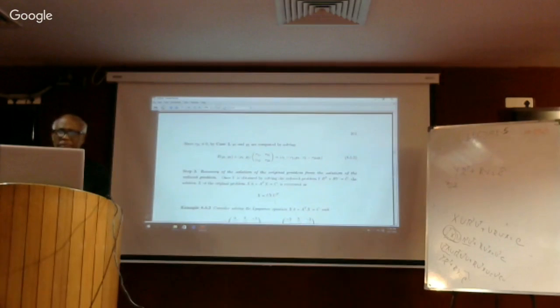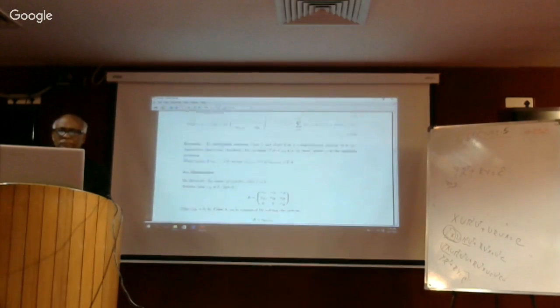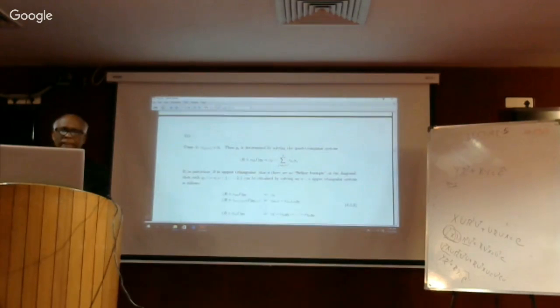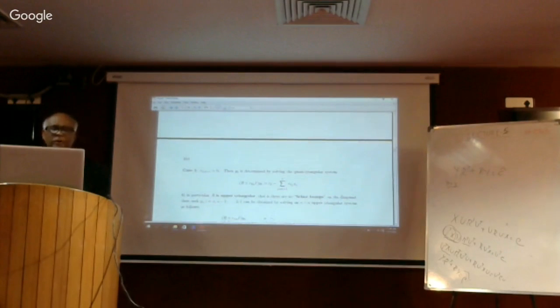So let's look at the general case now. Here is the case where, as I said, one of the subdiagonal elements Rk,k-1 equals 0. In that case, the corresponding block is a number. It's not a 2 by 2 matrix; it's a number, right? So in that case, the corresponding column of the matrix Y, Yk, will be computed by this equation. This is simple mathematics.